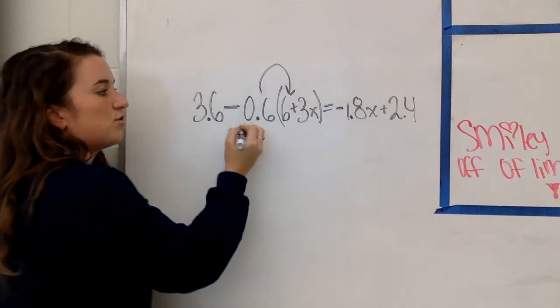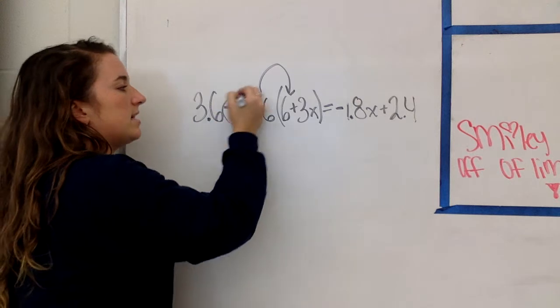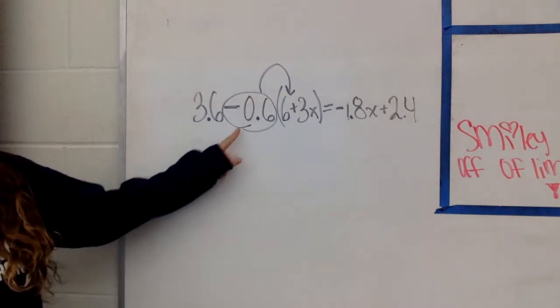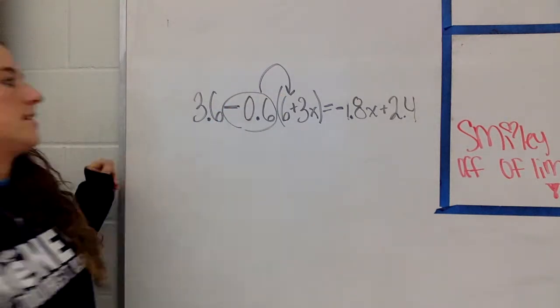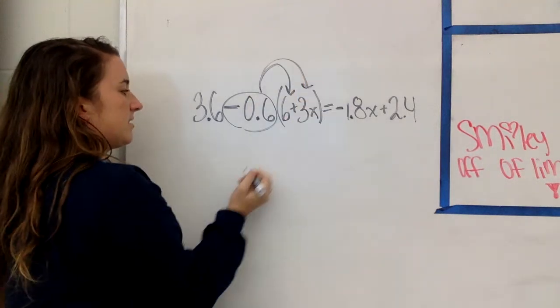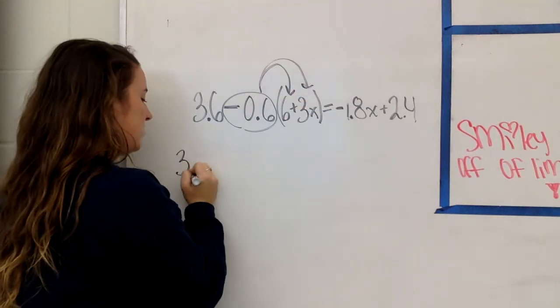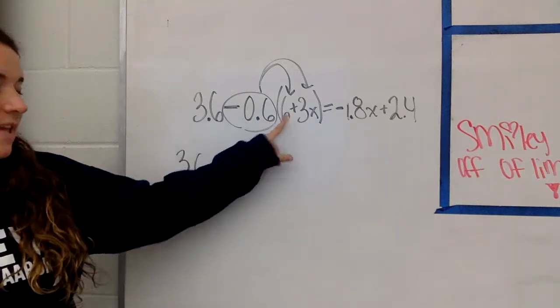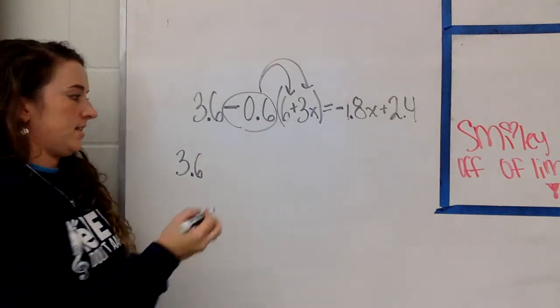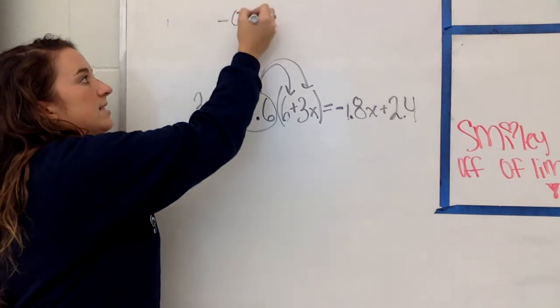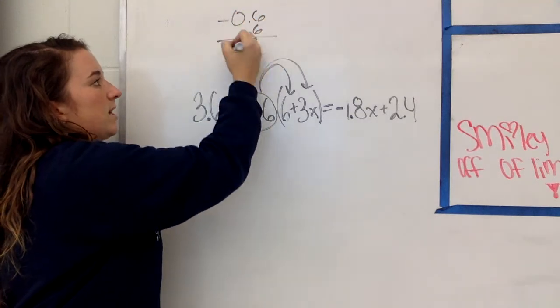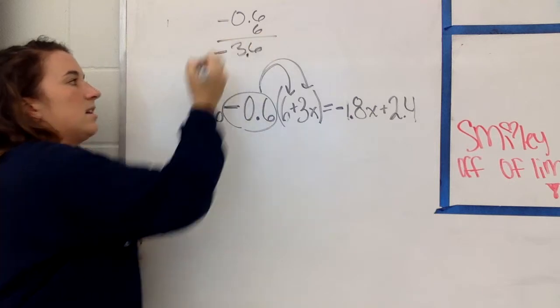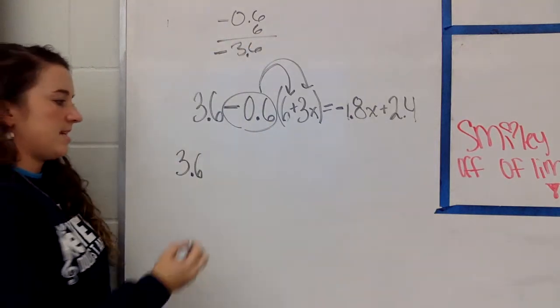So I need to distribute this entire thing. It's a negative 6/10. So I'm distributing the negative 6/10 to the 6 and to the 3x. So I keep my 3 6/10. Then I do negative 6/10 times positive 6, which will give us negative 3 6/10.